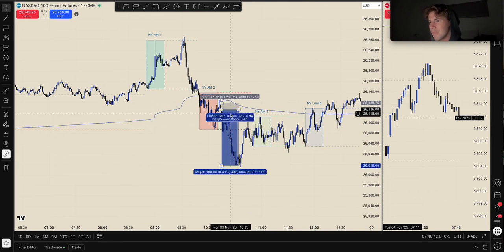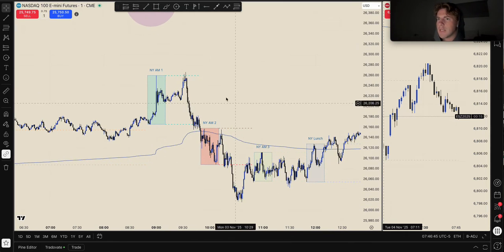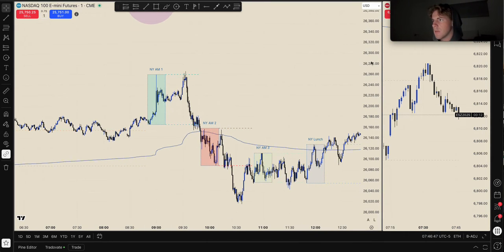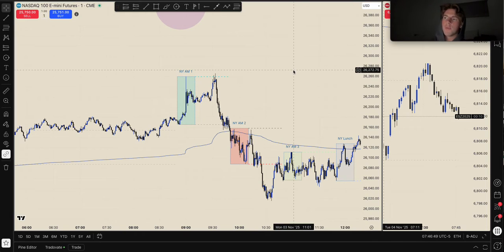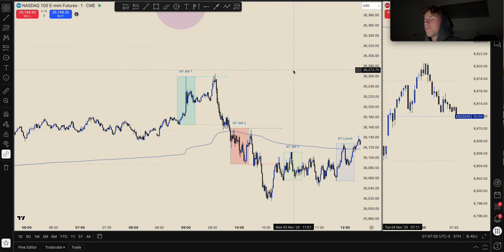I'll keep them on actually to show the point. So, manipulation is basically what we base the trade off, right? It's basically our foundation. My rules are I will not enter unless there is some form of manipulation there.